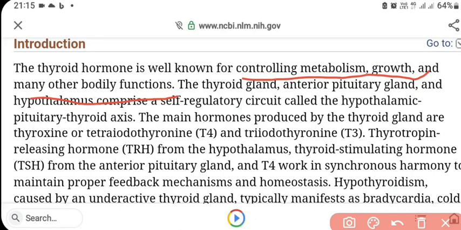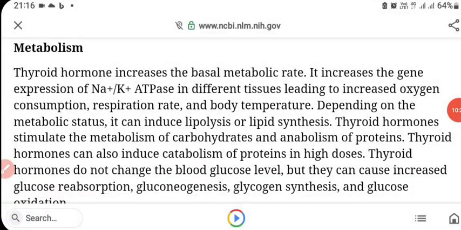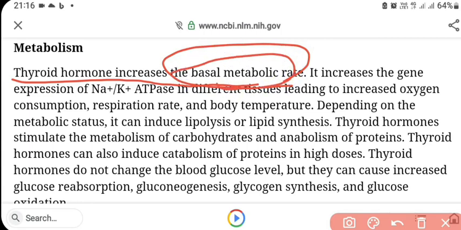The thyroid gland, anterior pituitary gland, and hypothalamus are responsible for various activities, but particularly, thyroid hormones increase the basal metabolic rate, and increase the gene expression of sodium potassium ATPase.